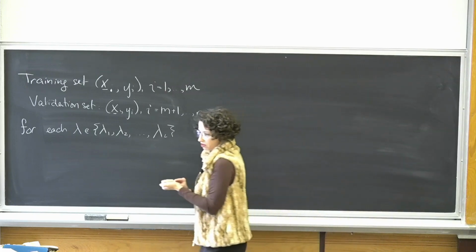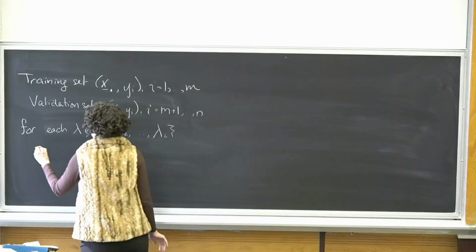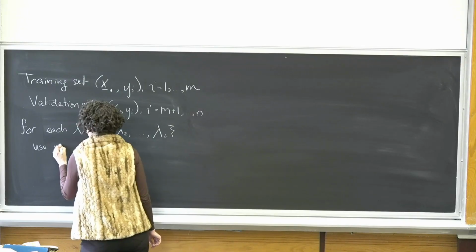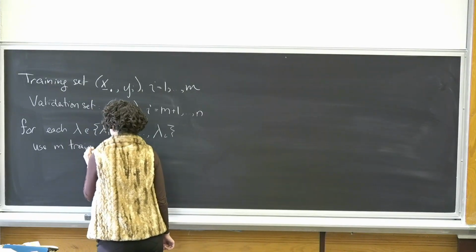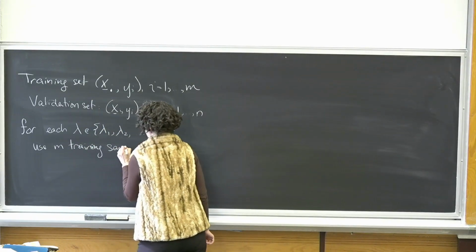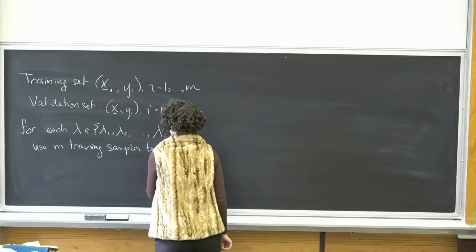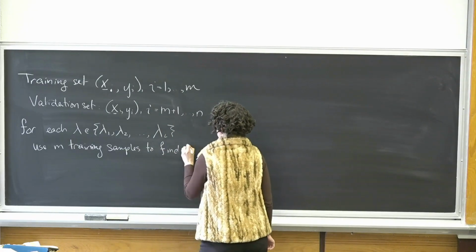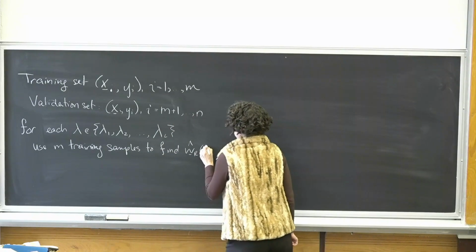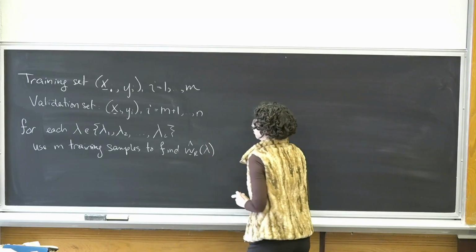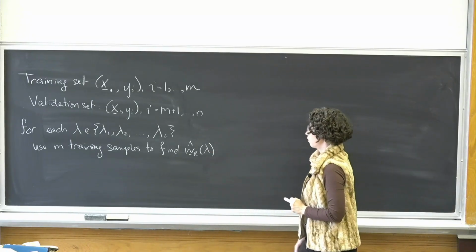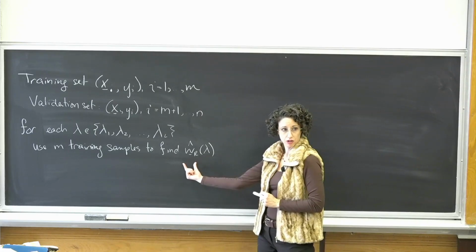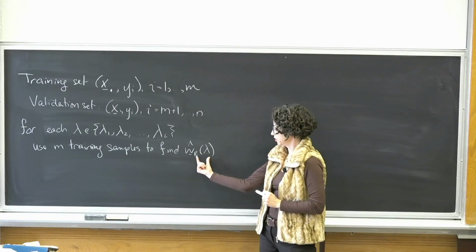And so for each one of them, I am going to use my M training samples to find this W hat R for that particular lambda. So I'm going to get a whole bunch of W hat R's corresponding to different lambdas.